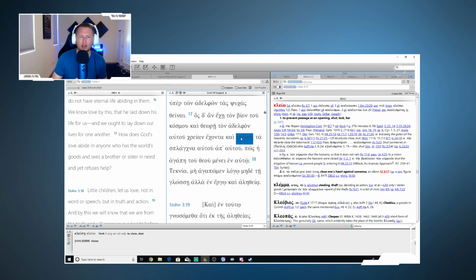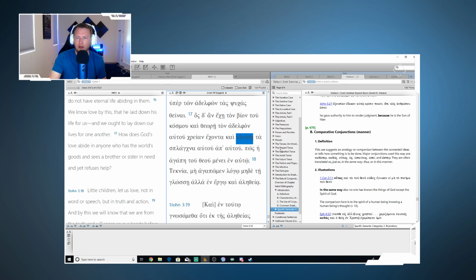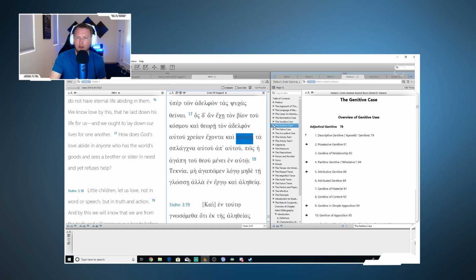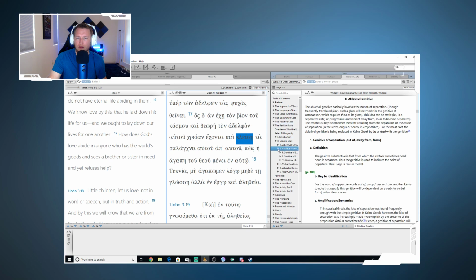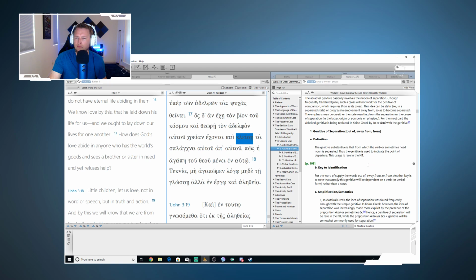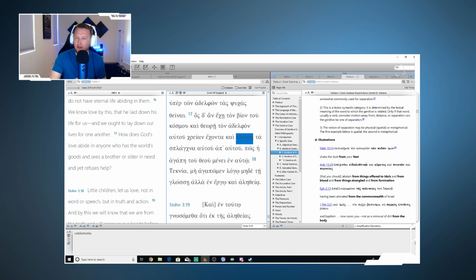Love of God here is not possessive, I don't think. I think that's more like source. How does the love that comes from God? Let's see. It's not departure. That's not it.